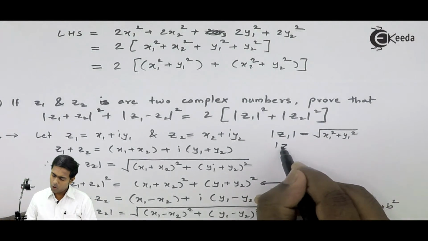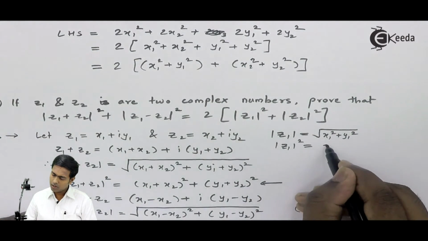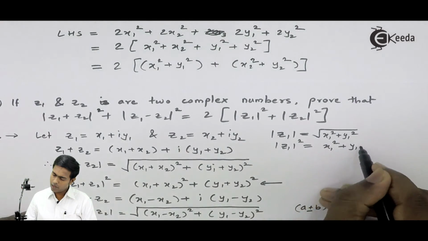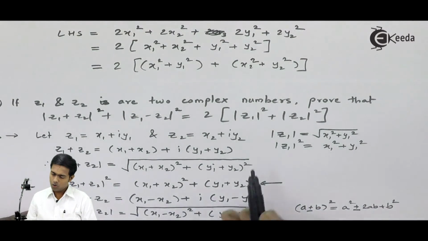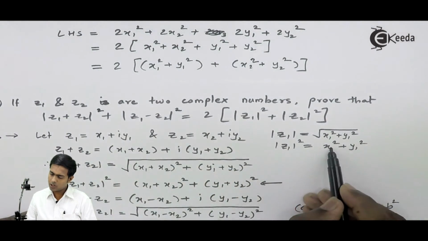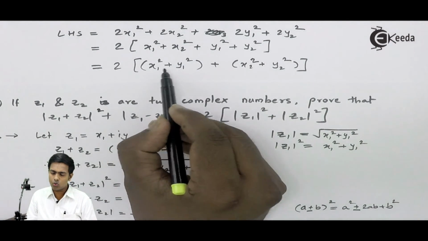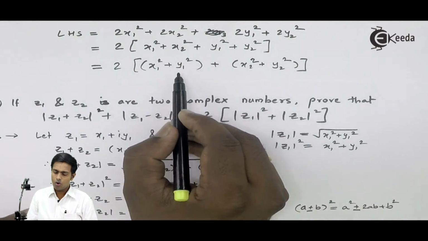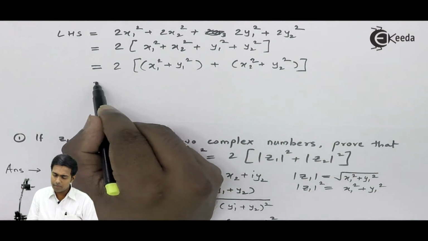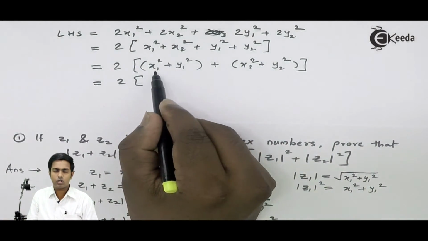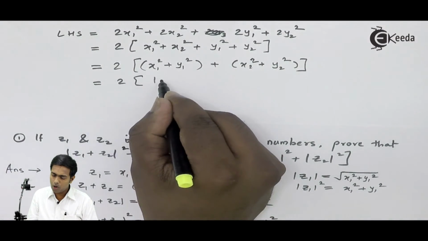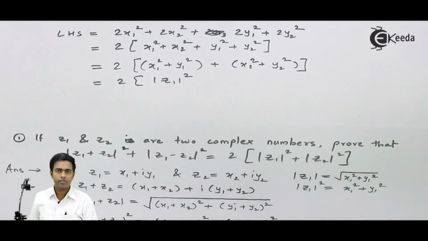Therefore mod of z1 the whole square becomes x1 square plus y1 square. That is why I am bringing these two terms together. So we can substitute x1 square plus y1 square as mod of z1 the whole square.